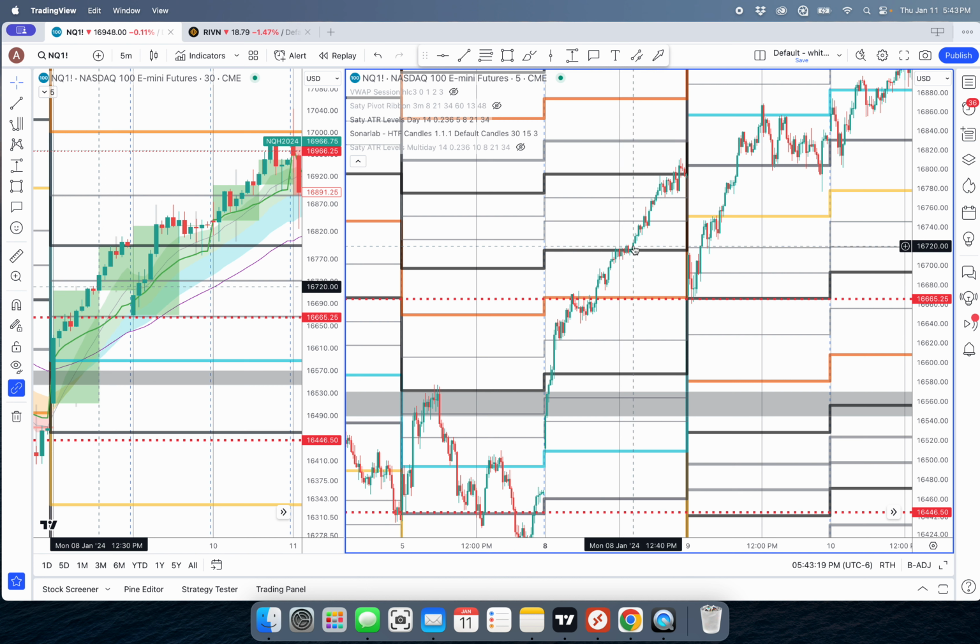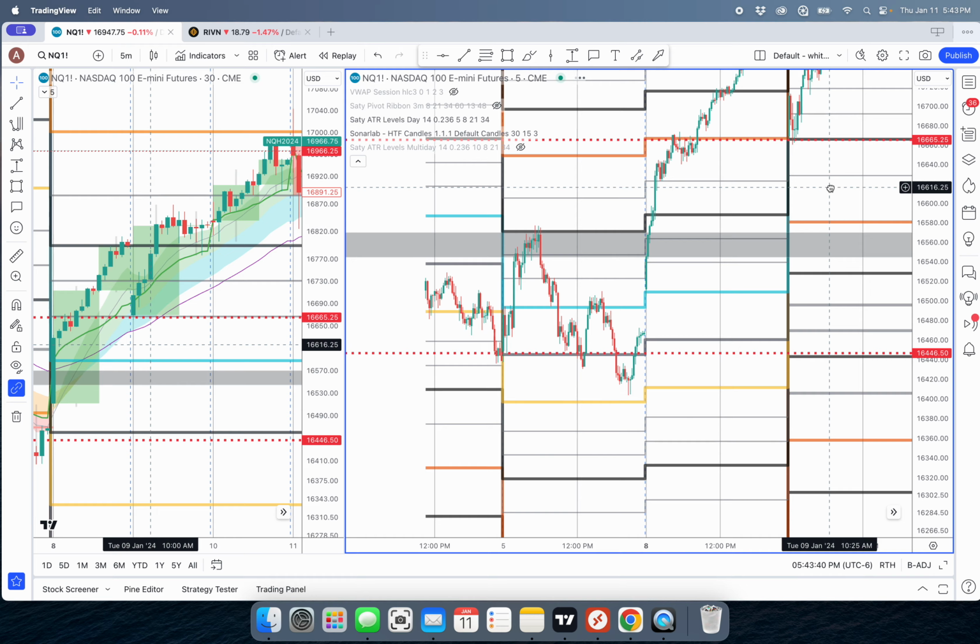And if you get above here, you just trust it. And guess what? By the end of the day, it came all the way back into here. So you either go short and it comes down here, or you go long right here. It all depends on how much time's left in the day. But I mean, the market can do anything it wants. I've seen it go all the way to +1 or -2 ATR, which is very rare, but it has happened.